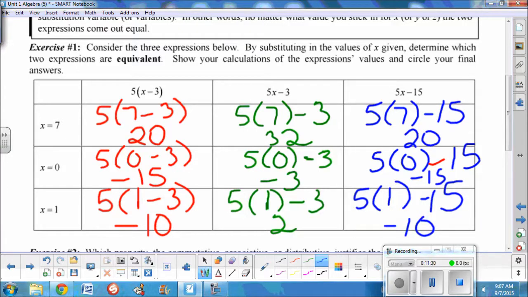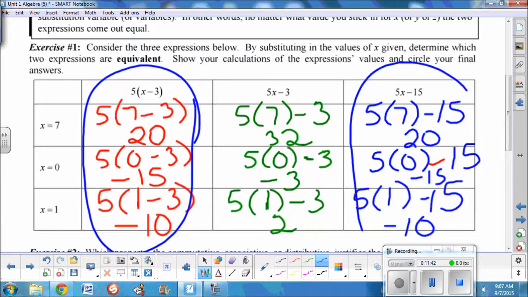So looking at which two columns produce the same exact answers. I've got column 1 here in the red. I've got 20, negative 15, negative 10. And then this third column, I got the same answers, 20, negative 15, negative 10. Gee, how are those two expressions related to each other? 5 times the quantity of x minus 3 and 5x minus 15.